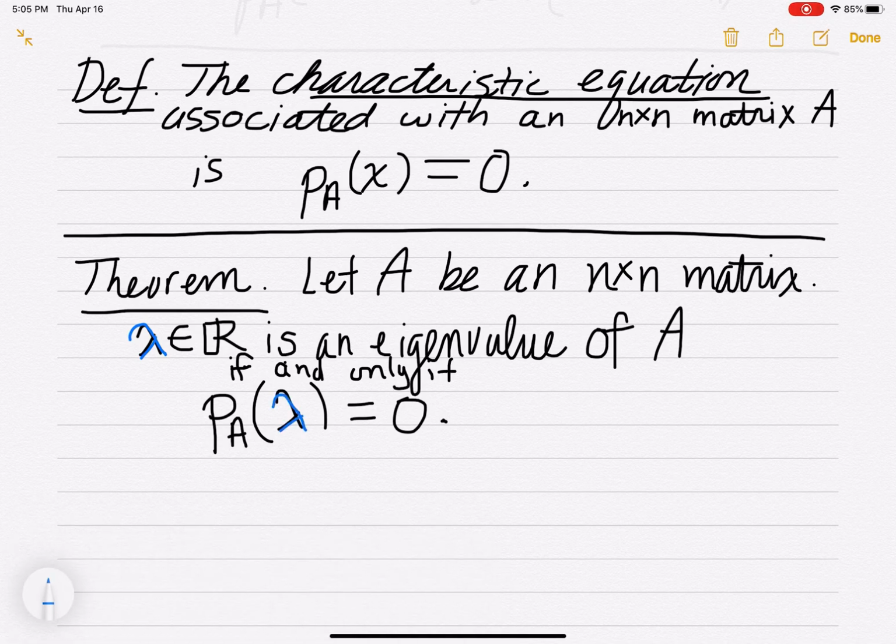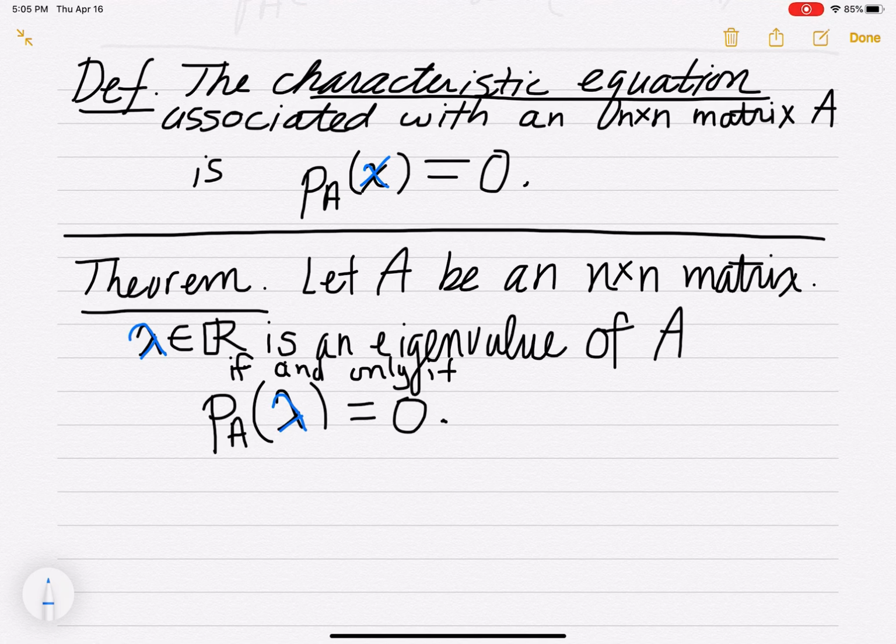When you plug lambda in for the x variable in the characteristic polynomial, you get 0.